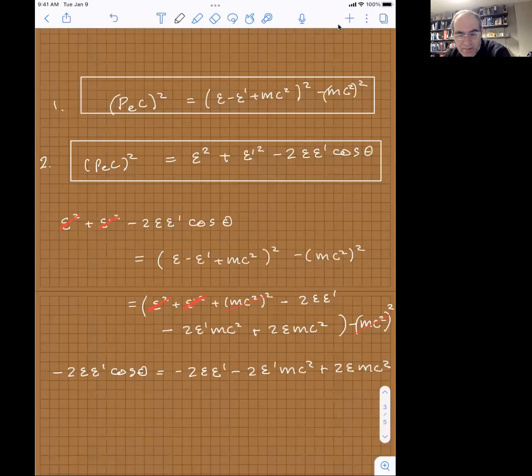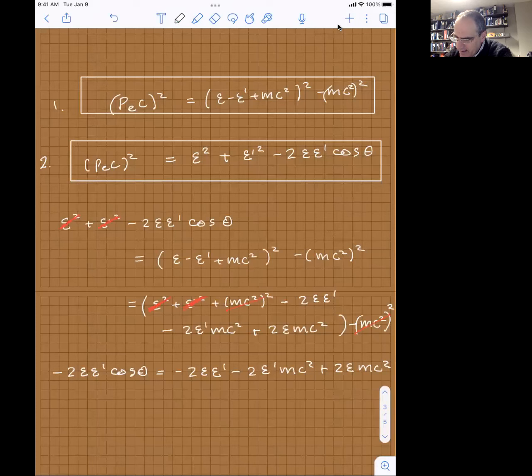Now, here we have an equation. It's still a little messy looking, but in this equation, the only thing that's unknown is E prime. We assume we know what the energy of the initial photon is, and we assume that we can set the scattering angle theta. So let's solve this equation for E prime.